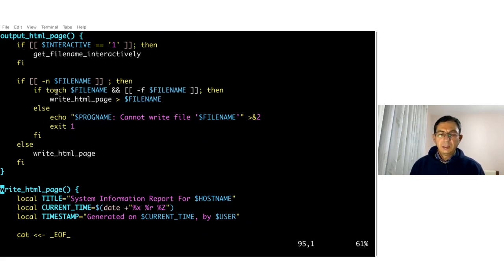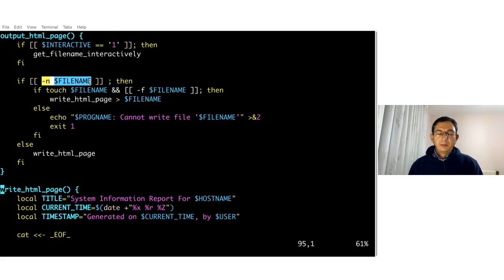So if the directory is writable, then we should be able to create a file in this directory, and this file should exist. And in this case, we redirect the output of this function to this file. Otherwise, if we cannot create a file in the current directory, we echo this error message and exit with 1, which is error.